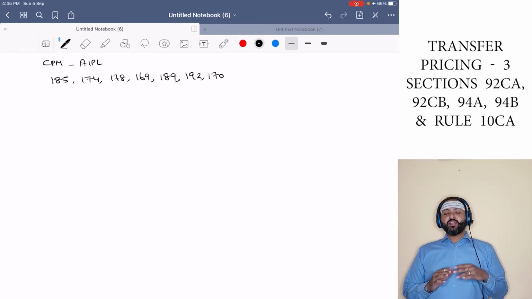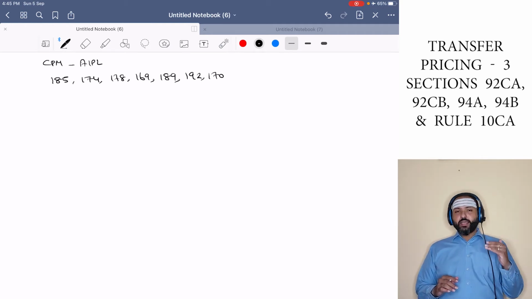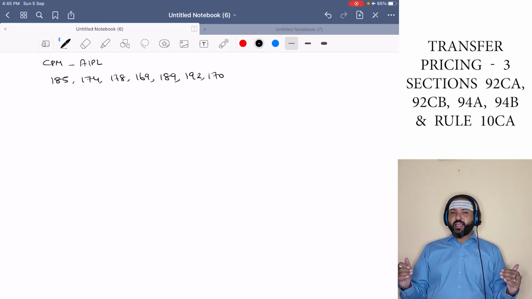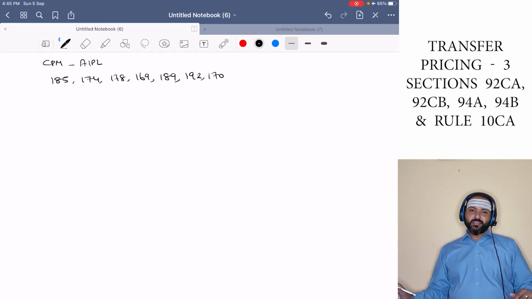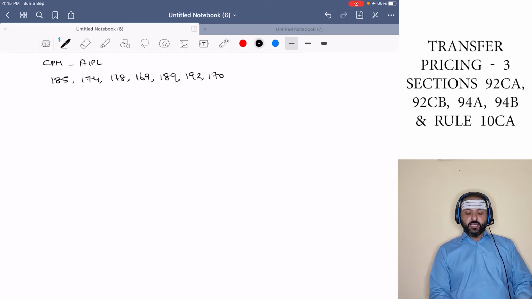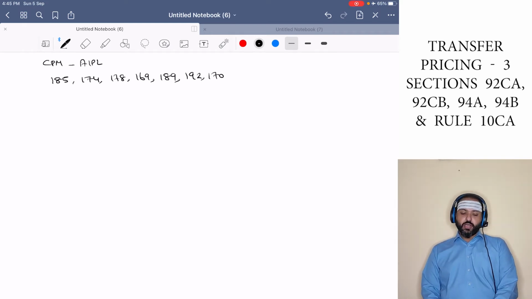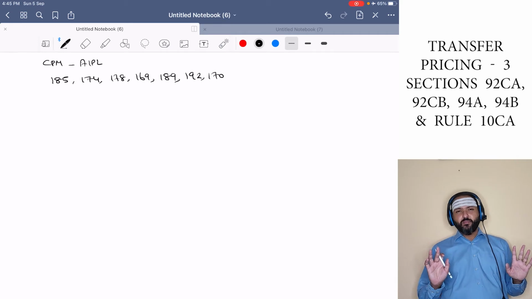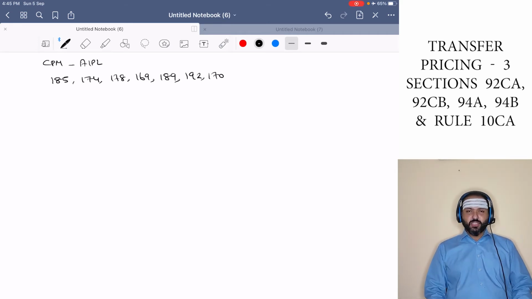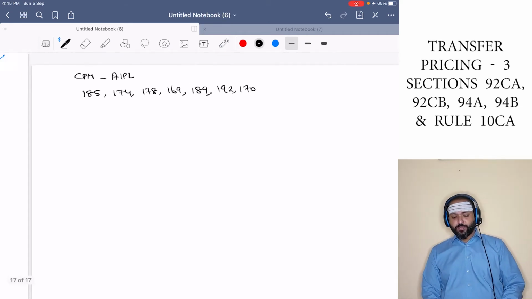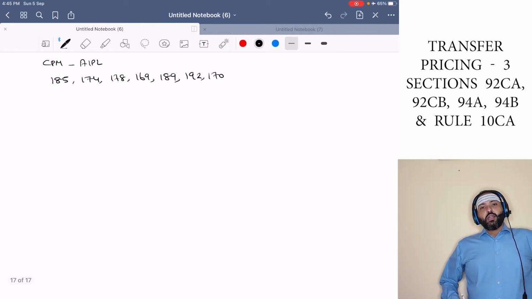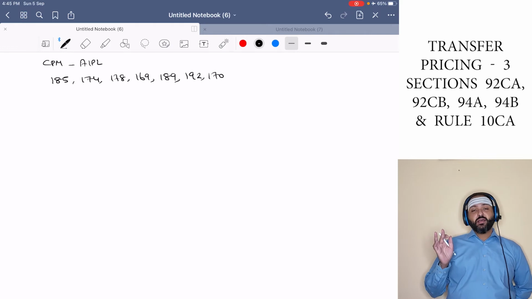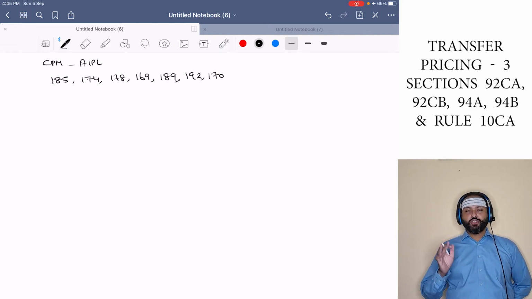I have done the transfer pricing study for AIPL and I have taken 7 comparable companies. Based on the data that I have pulled up, these are the prices which they charge. Now I have arrived at 7 arm's length prices by applying the cost plus method for my particular assessee company. Now, can I apply section 92C2? No. 92C2 says the ceiling limit on the number of prices should be 5.